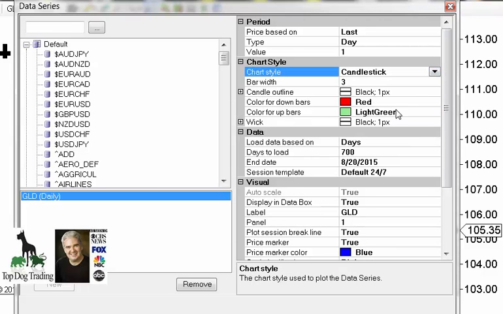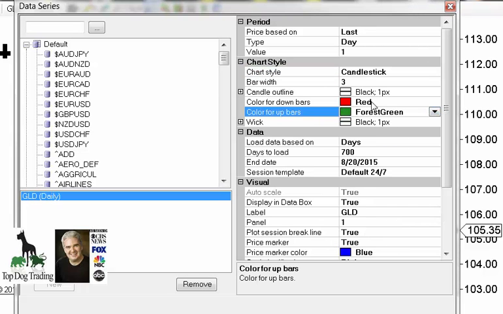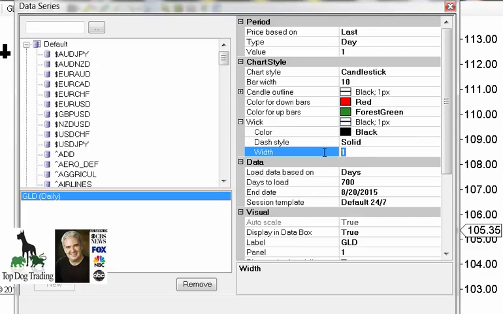We're going to use candlestick bars, and you can change the colors if you'd like. We're going to change the bar width to 10 just so that it's more visible. The wick, we're going to change that to 3. You'll notice color for down bars is red, color for up bars is green. That should do it.